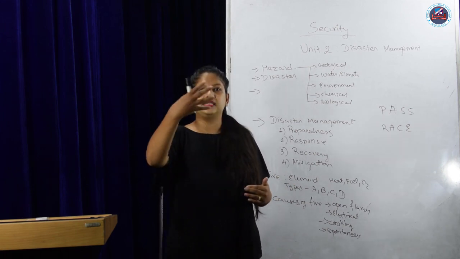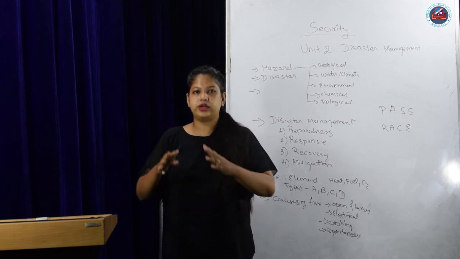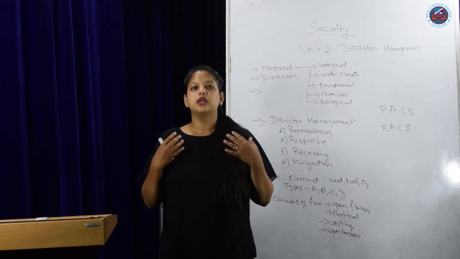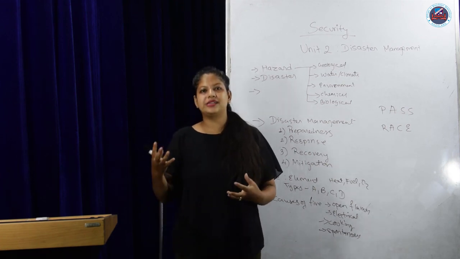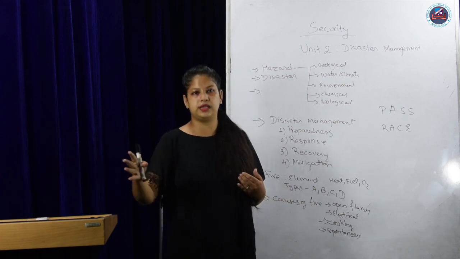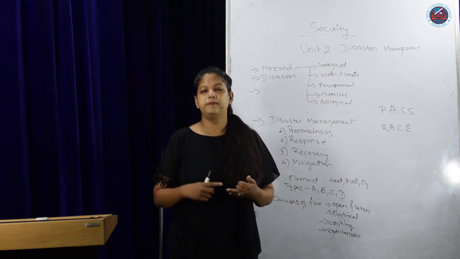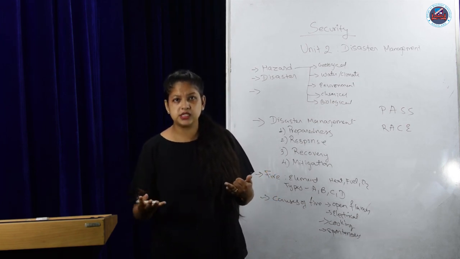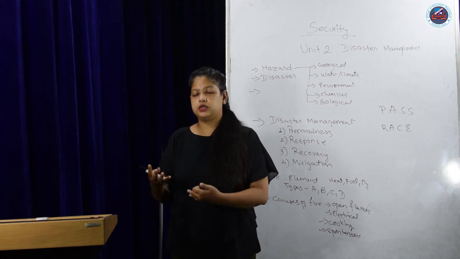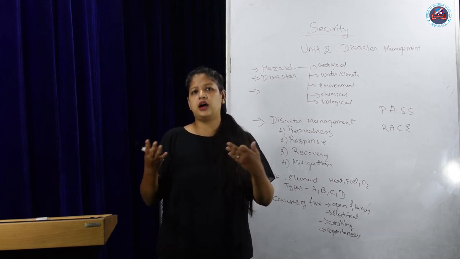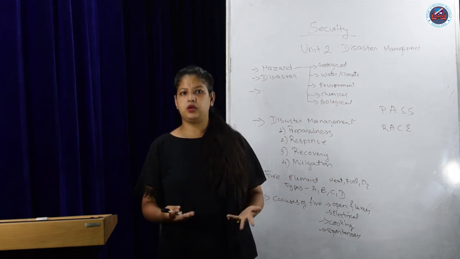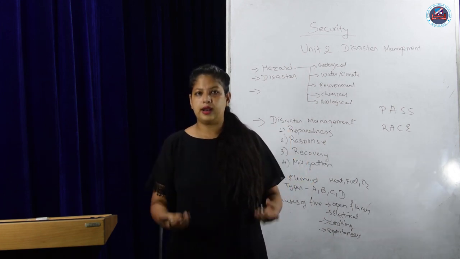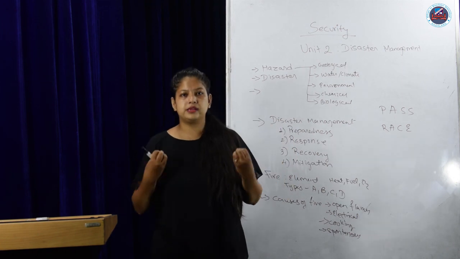Then they will be taken to a rehabilitation center where they will stay for a while until the government tries to fix things or bring out ways and ideas so that they can lead a normal life. They will be given counseling, since they have gone through a traumatized phase, on how to overcome that. That is also recovery.